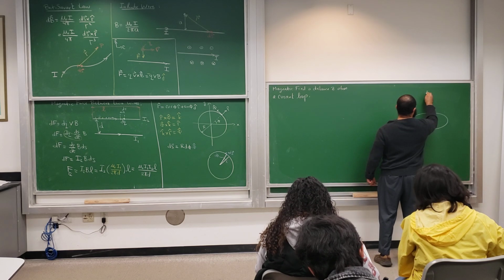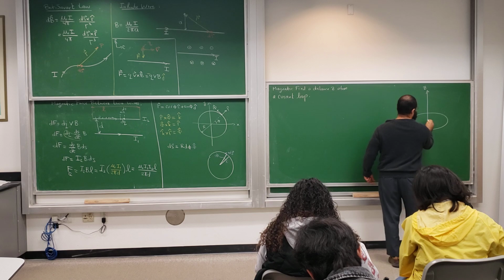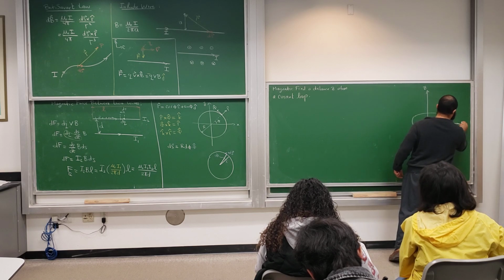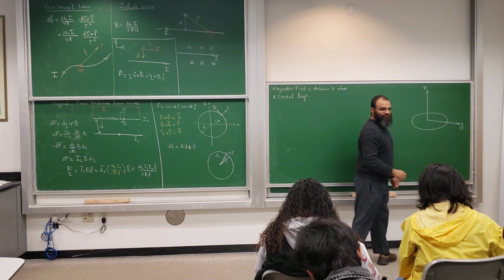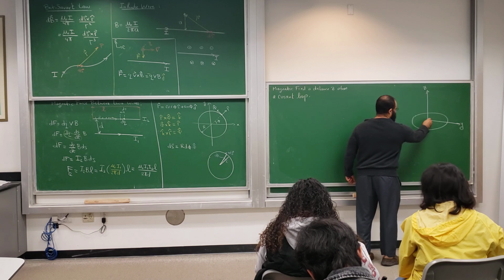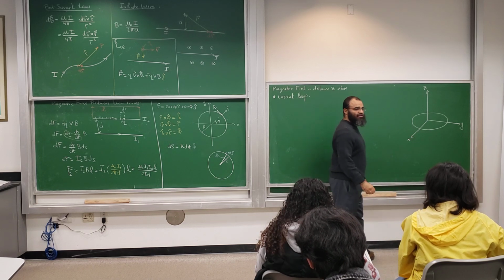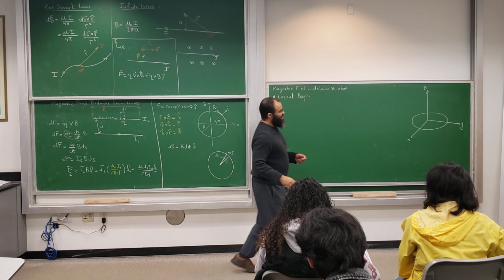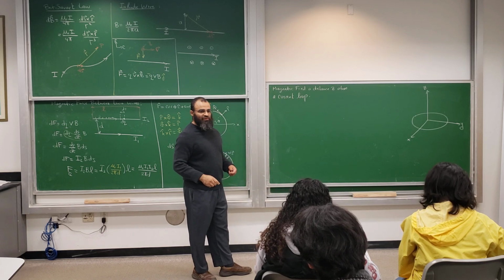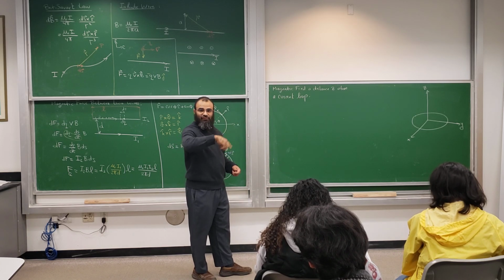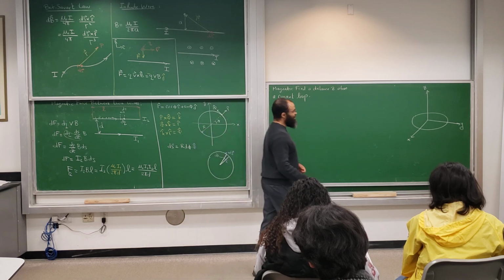This is the z-axis. This is our y-axis, and this is our x-axis. And we have a current on the loop, going counterclockwise in this case.